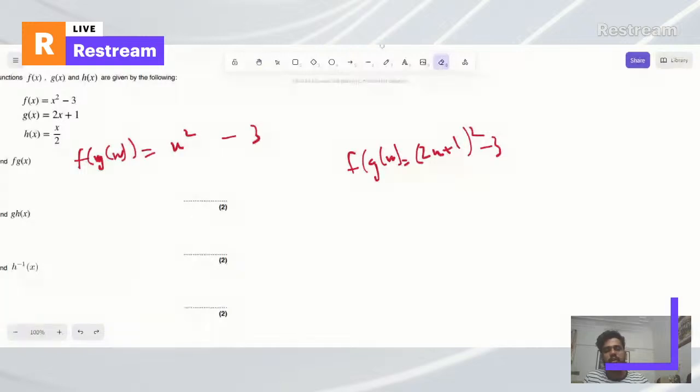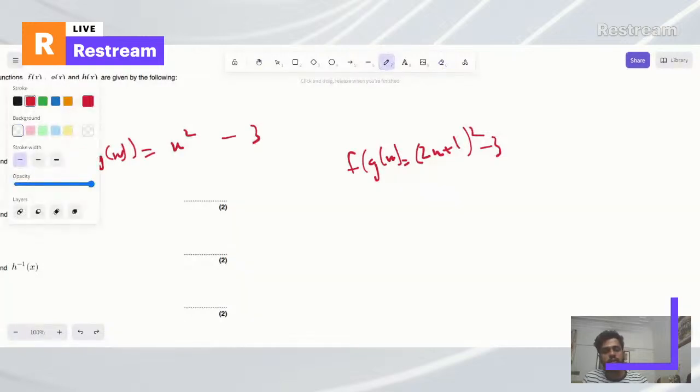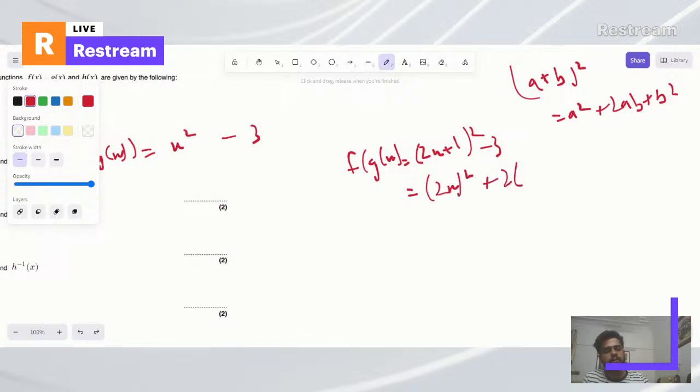If I'm going to open it up, I have to use the formula. If I have (a plus b) whole squared, how am I going to open it? I'm going to open it as a squared plus 2ab plus b squared. Similarly, I'm going to apply this here as well. So a squared is (2x) squared, plus 2ab: 2 times, what's the value of a? a is 2x, and b is 1.